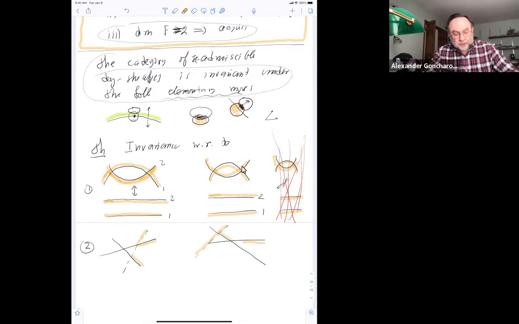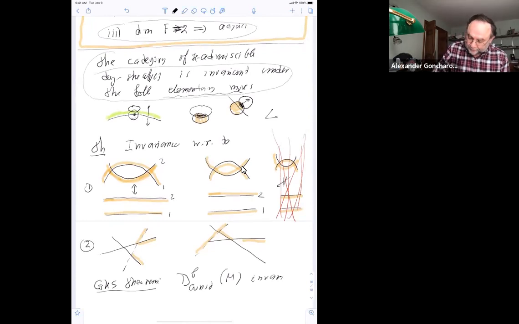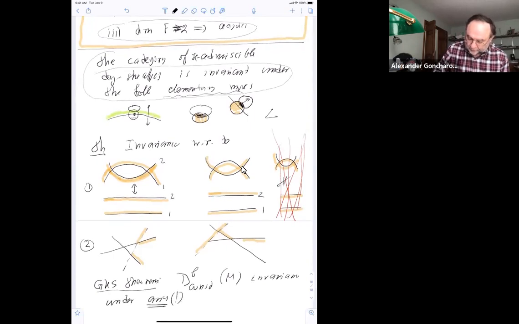So this reminds, of course, the well-known theorem by Kashiwara and Schapira, called the GKS theorem, which says that if you consider the derived category of constructible sheaves on a manifold, that's invariant in the same sense that you have equivalences under any Hamiltonian isotopies of microlocal supports.